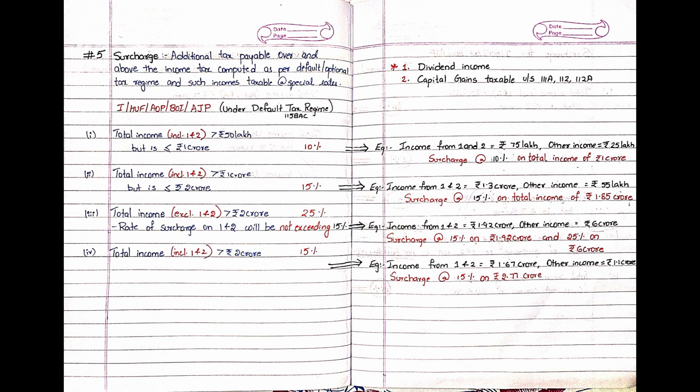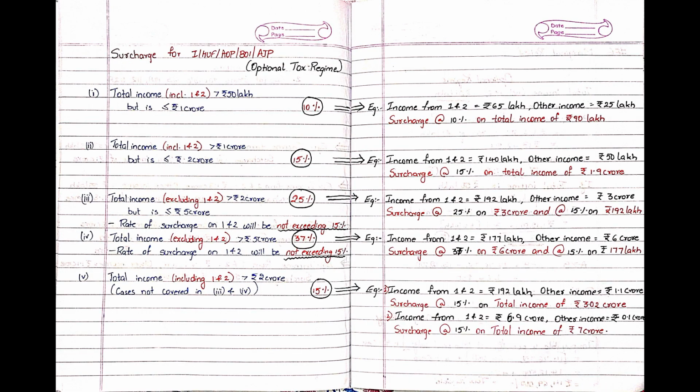For the total income excluding 1 and 2, if the total income has exceeded rupees 2 crores, then the surcharge will be 25%, and the rate of surcharge on 1 and 2 will be not exceeding 15%. If the total income including 1 and 2 has exceeded rupees 2 crores, in such a case, the surcharge will be 15%. These are surcharge rates under the default tax regime.